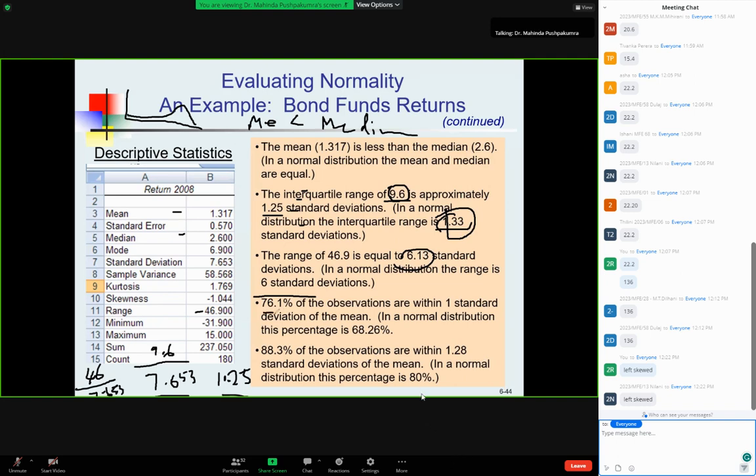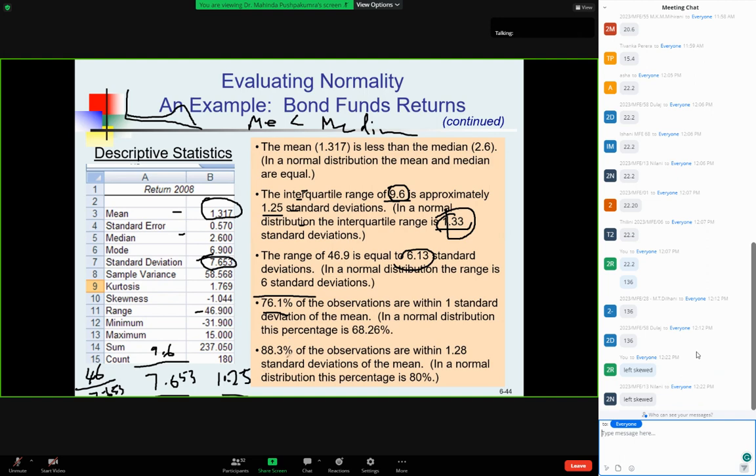Then 76.1 percent of observations are within 1 standard deviation. That one actually, to check, we should have a data set. If we have a data set, you can check how many observations are within 1 standard deviation. Within 1 standard deviation means the mean 1.317 plus and minus the standard deviation 7.653.